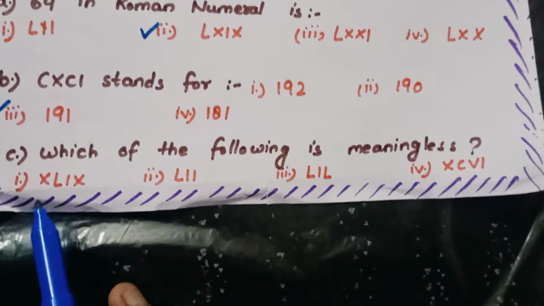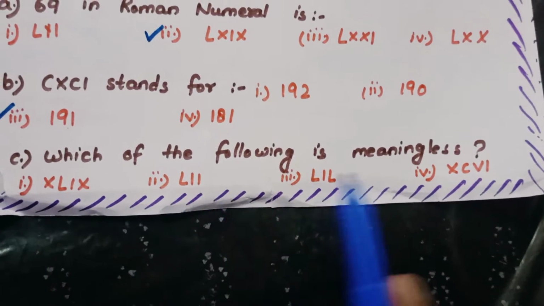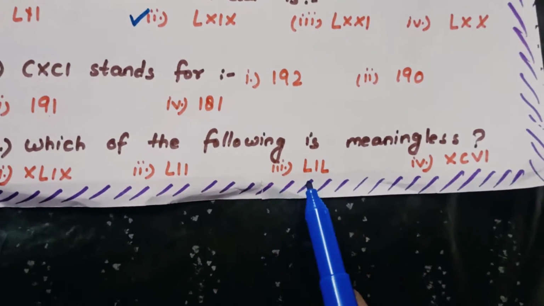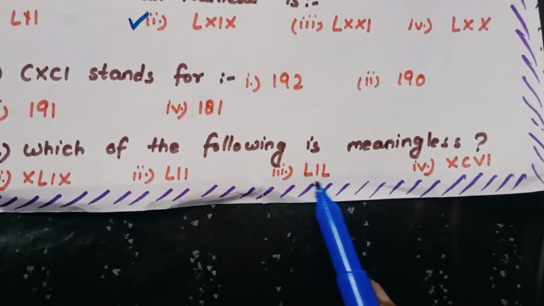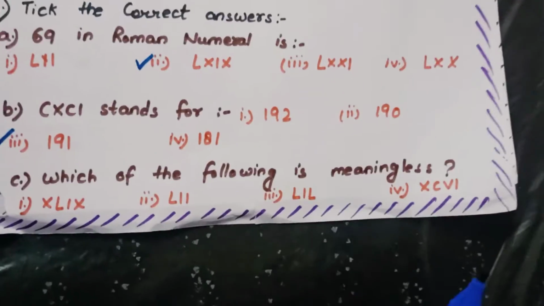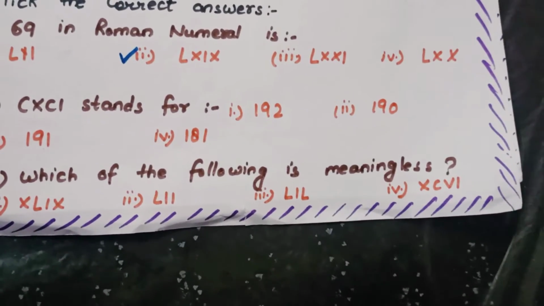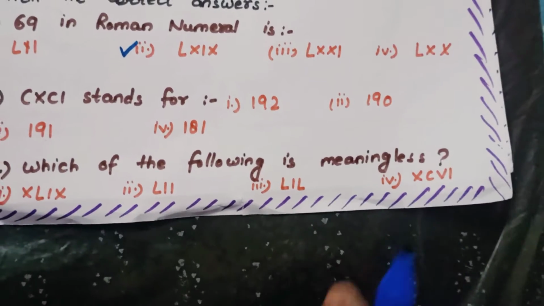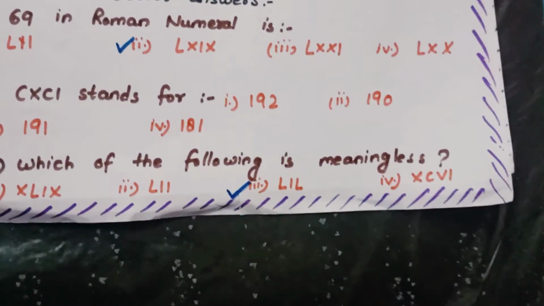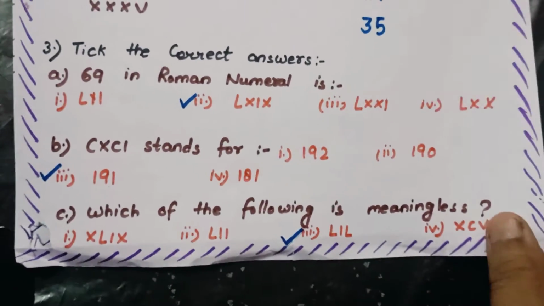See, this one has a specific number, this also has, this one also has, but can we decode this LIL? No, because LIL does not have any Hindu Arabic numeral, so this one is meaningless. Okay, so this is how we have done these.